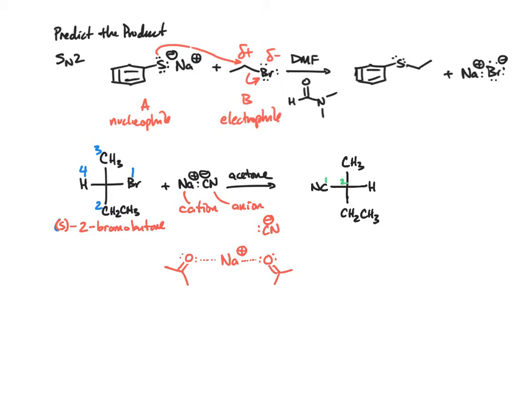It's 1, 2, 3, 4. So this would be a butanenitrile. We have a substituent at the 2 position, so 2-methyl. And the 2 position is a chirality center, so we need to figure out if it's R or S.